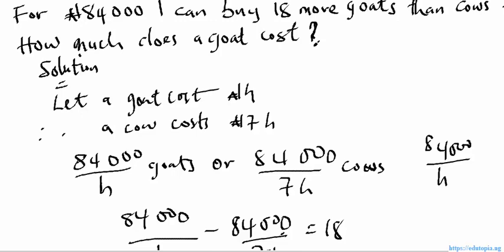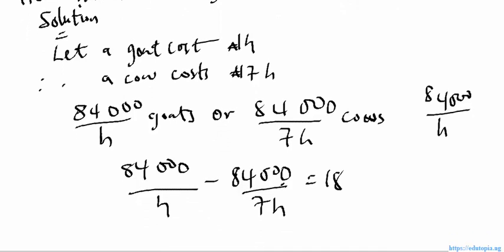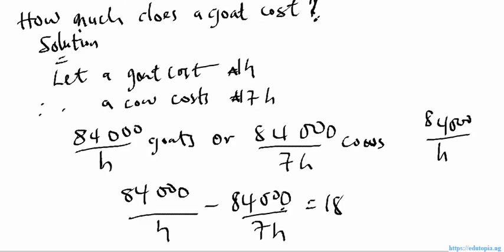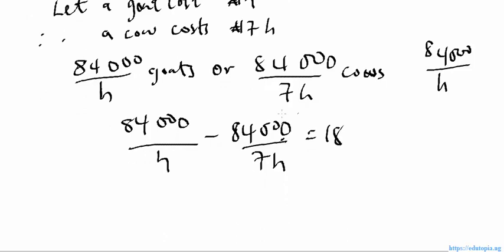So the 18 should be with the cars, since the goods are more.